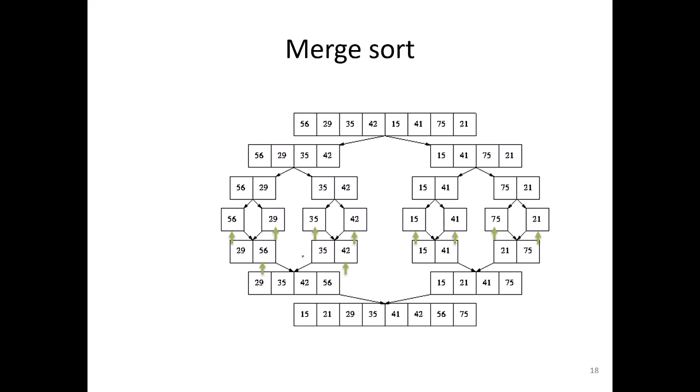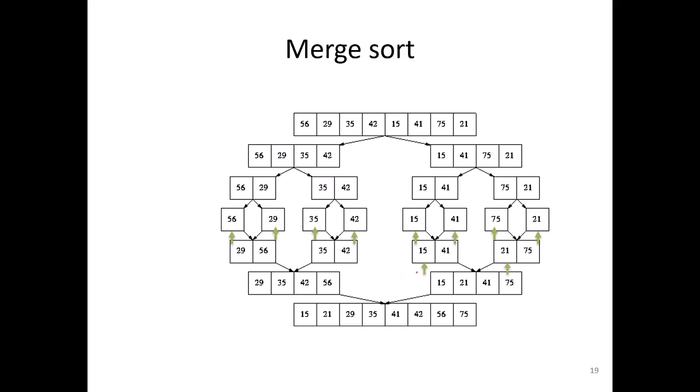That time 56 is compared with 35. 35 is less than 56, so we copy 35 to the temporary array, and now 56 is compared with 42. 42 is less, so we copy the element, and there is no element further. Just take 56 and store it in this array.